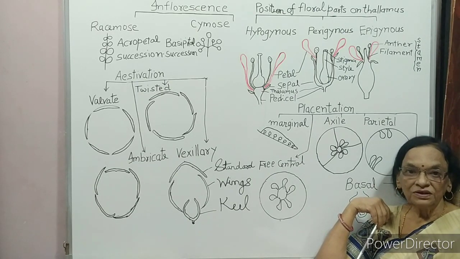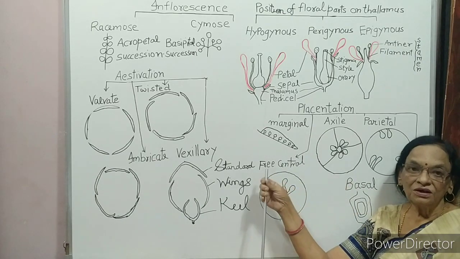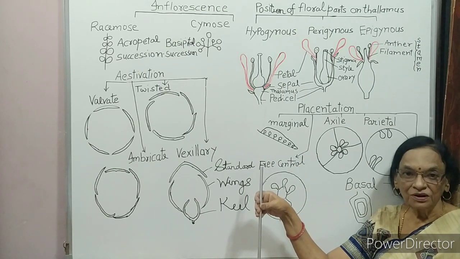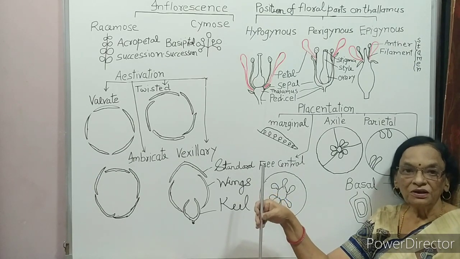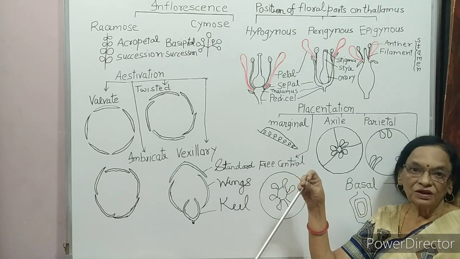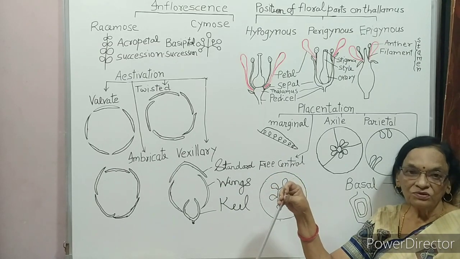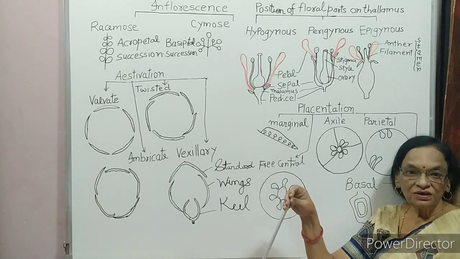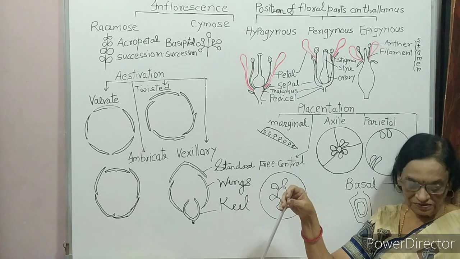A flower is called trimerous if the floral parts, sepals, petals, etc. are three in number. 3 sepals, 3 petals or multiples of 3 is called trimerous. Tetramerous is 4 sepals, 4 petals, 4 stamens.